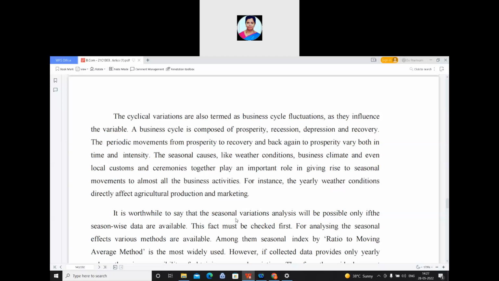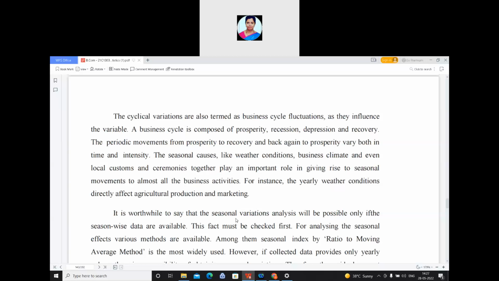The periodic movements from prosperity to recovery and back again to prosperity vary both in time and intensity. The seasonal causes like weather conditions, business climate, and even local customs or ceremonies together play an important role in giving rise to seasonal movements in almost all business activities.